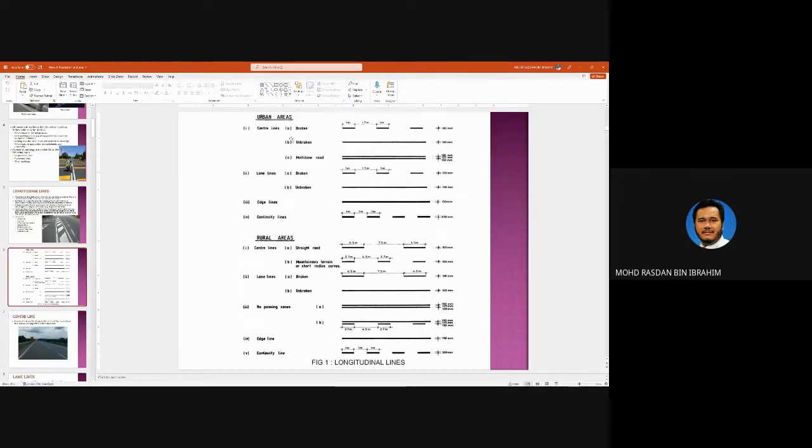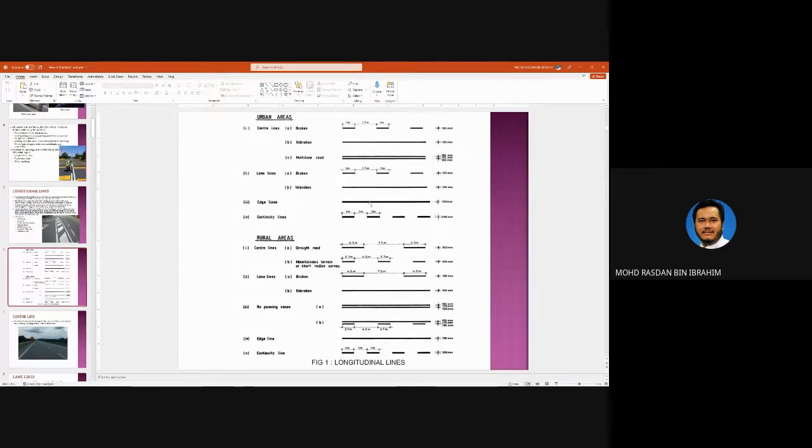If it is unbroken, then you have a straight line here with the same width, and on a multi-lane road, the gap between these two lines is 125 mm. And then you have lane lines, which are basically the same as the broken lines for center lines, and then you have unbroken.